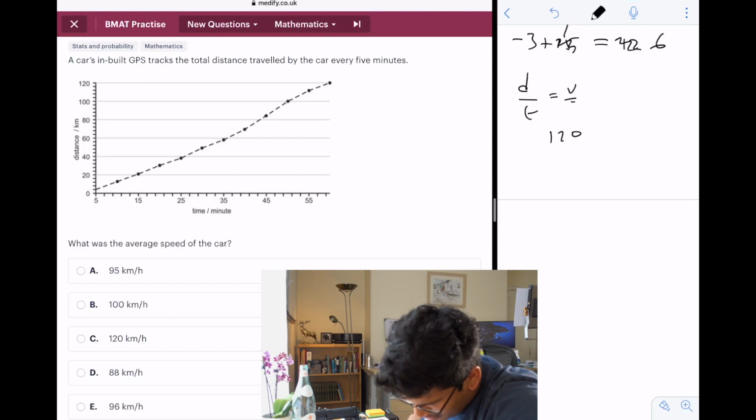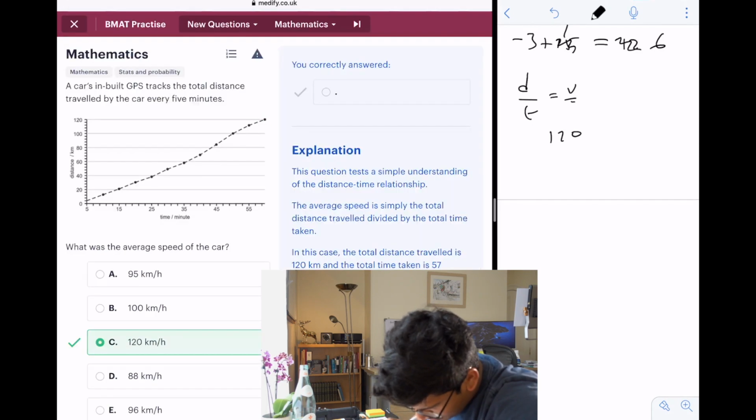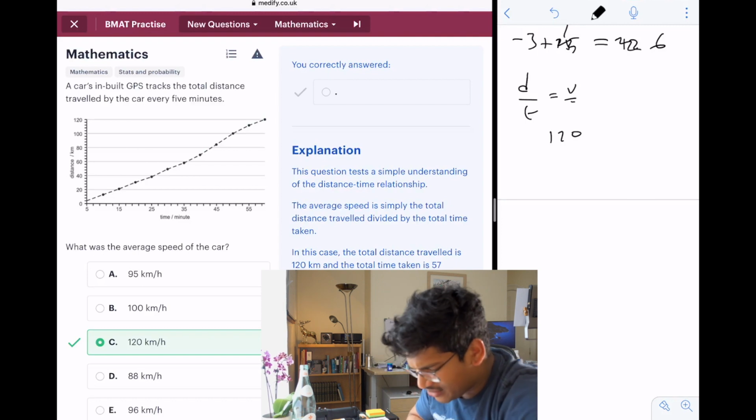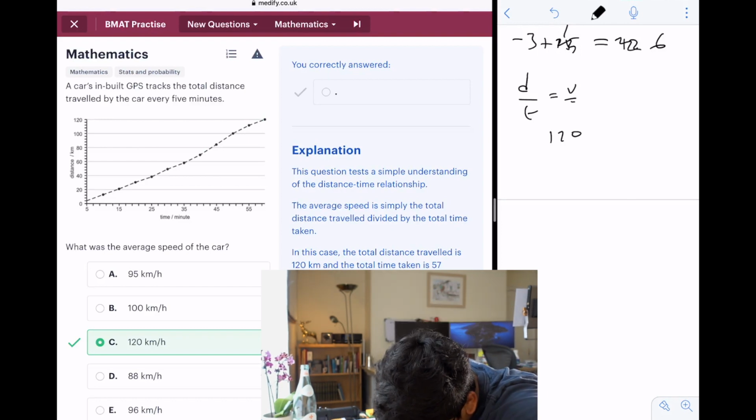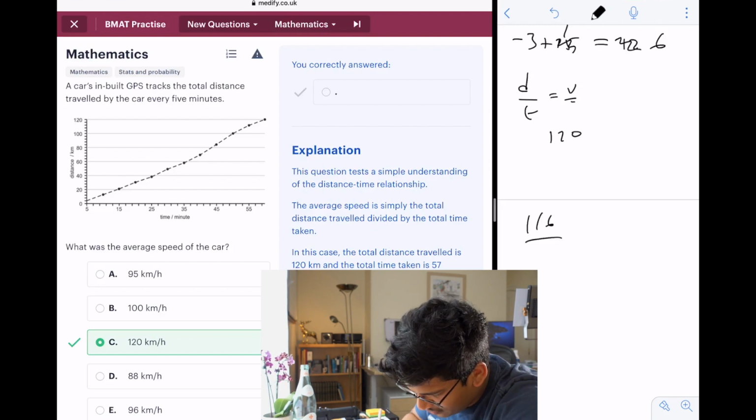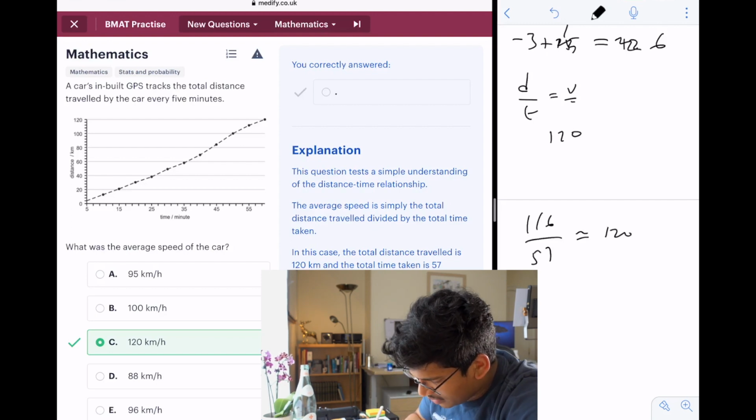So the closest answer is going to be that. Cool. Because technically it's not 120, because if you see the graph stops at 57 minutes and it actually starts, to be fair, okay, right, it starts at like 4, so it's actually 116 over 57, which is about 120. Cool, nice.